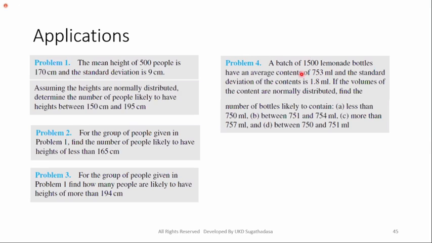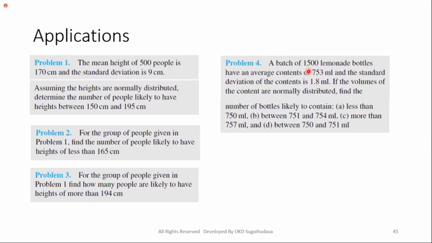For example, 1.8 milliliters. The machine is actually set to produce lemonade bottles with 750 milliliters, but there may be a slight deviation, 1.8. You can understand, very small difference. That is the standard deviation.